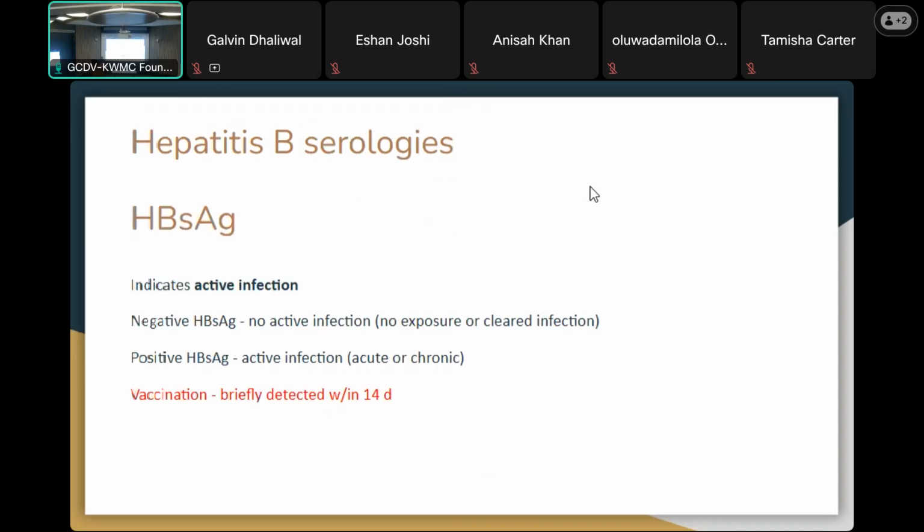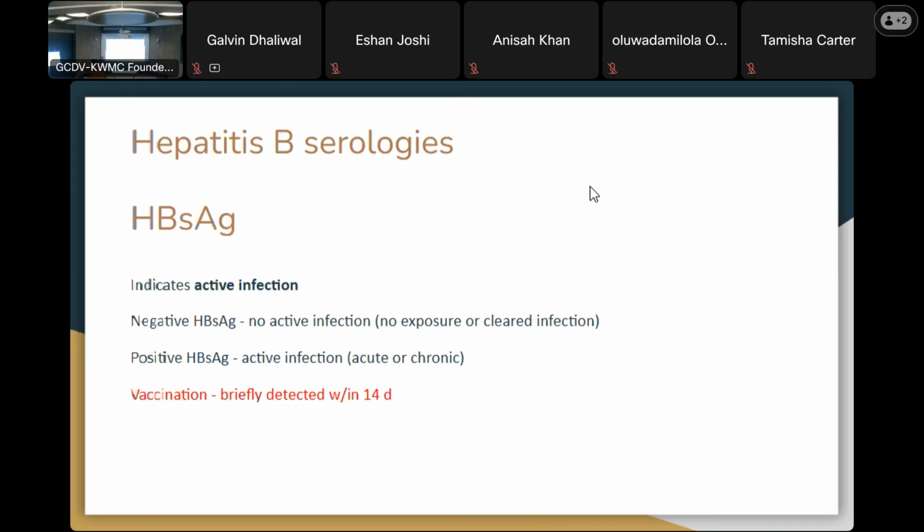So let's talk about the serologies, and hopefully we change that today and nobody's intimidated after today. So surface antigen on the surface, what does it indicate? It indicates active infection, okay? So negative means no active infection, and positive means active, and then depending on how long it's been positive, if it's more than 6 months, it's chronic; less than 6 months, it's acute infection.